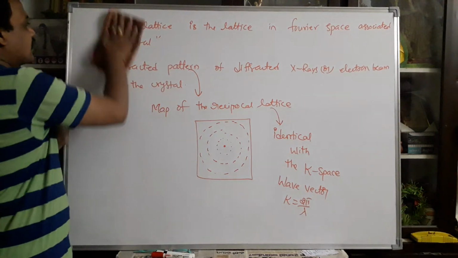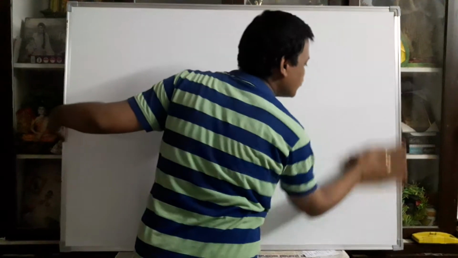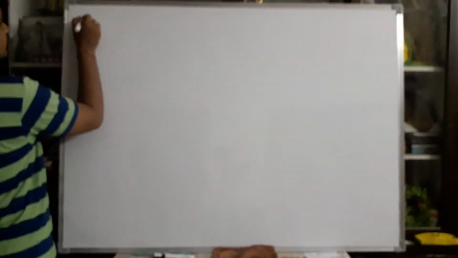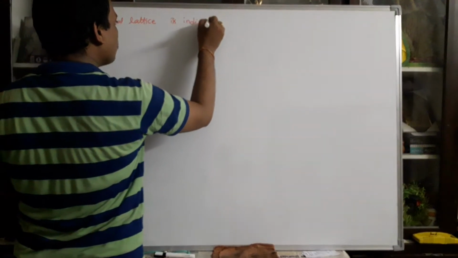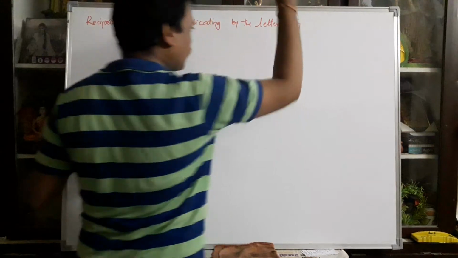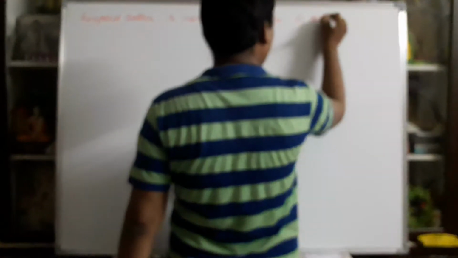This reciprocal lattice is represented by the capital letter G. Reciprocal lattice is mainly represented by the letter capital G. Sometimes, in some textbooks, it is also represented by capital R bar.